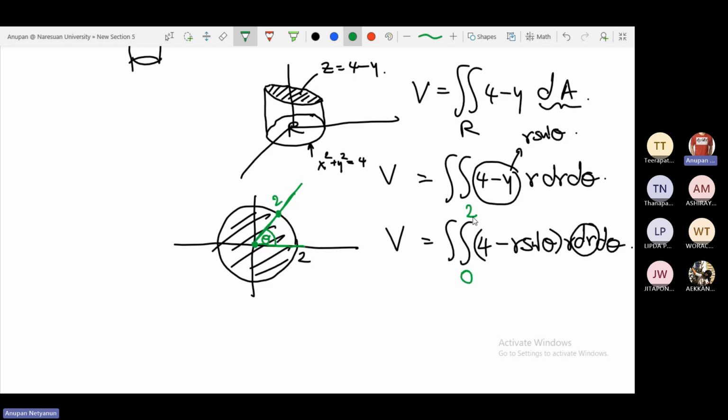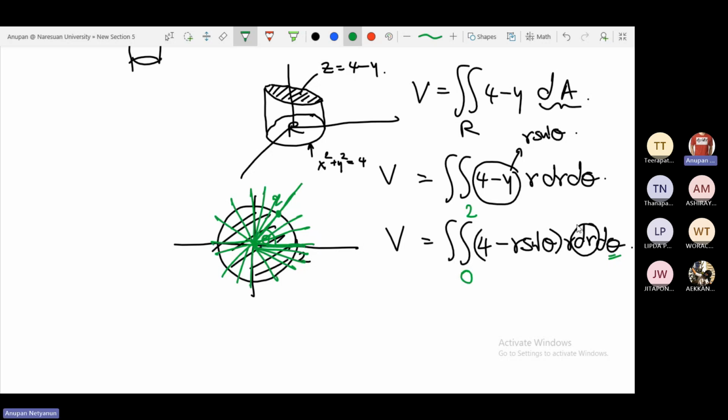Now, to find the running number for theta, you have to ask yourself, for this region, your theta starts from where and sweeps all the way to which angle? So it starts from this angle, 0, and you can see that for this region R, your angle sweeps from 0, see, up to here, which is 2 pi.